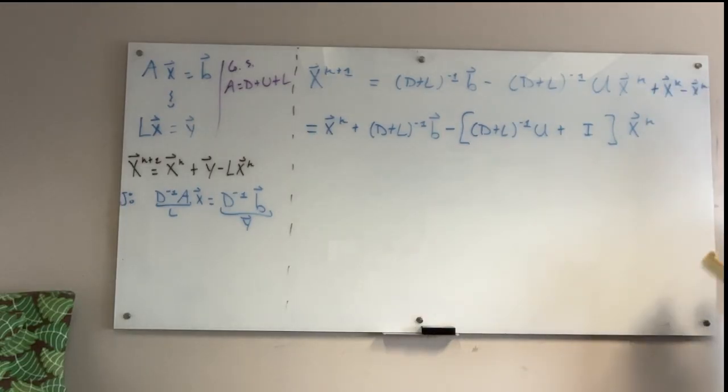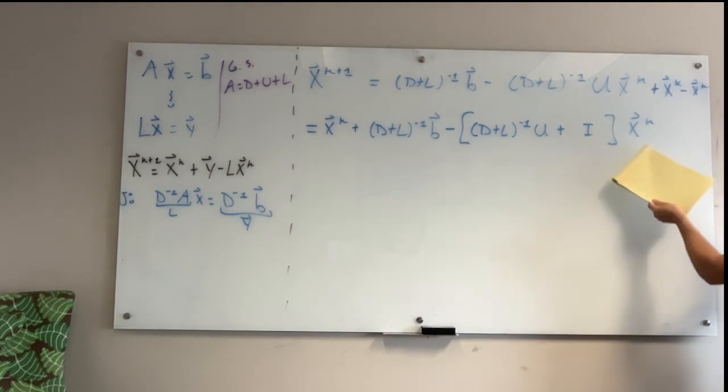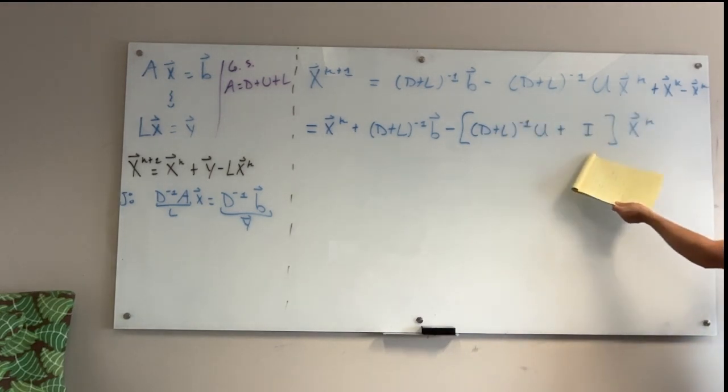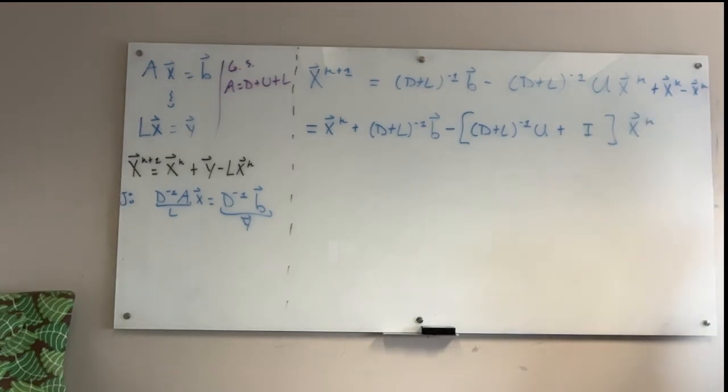Just using the distributive law, if you distribute on the inside, that x_k goes with the U, and the identity times x_k is just x_k.